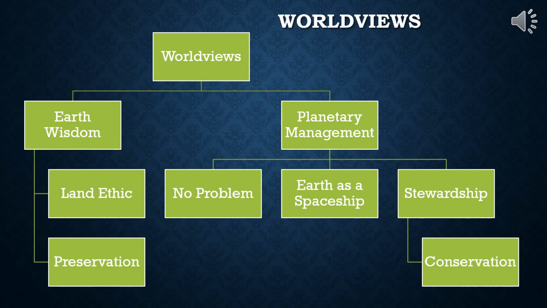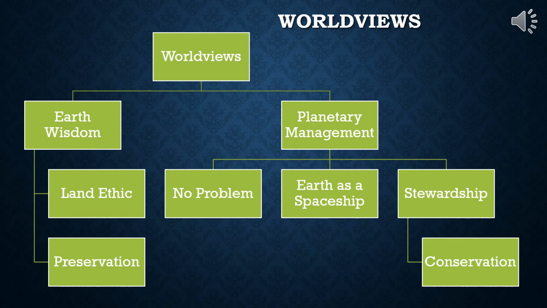Leopold talked about how we are part of nature. We are part of this larger ecosystem, and it's important for us to behave that way. Land ethic is also termed the golden rule of the environmentalist. Only do to the earth what you would do to yourself, because whatever you do to it is going to affect you somehow.